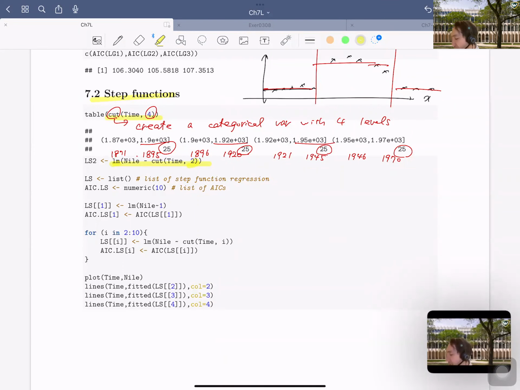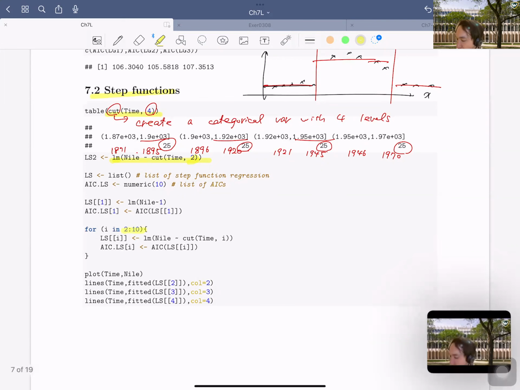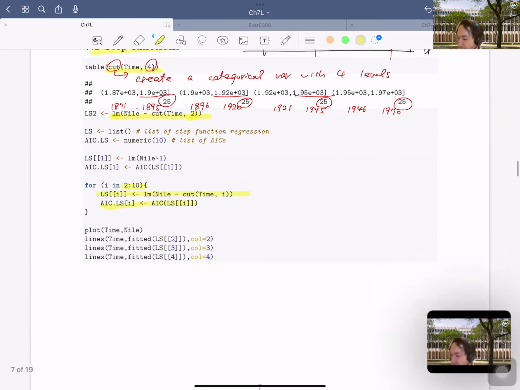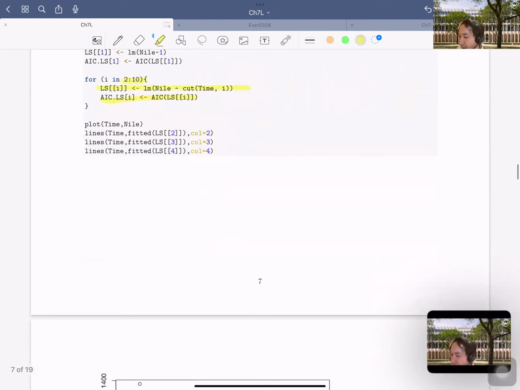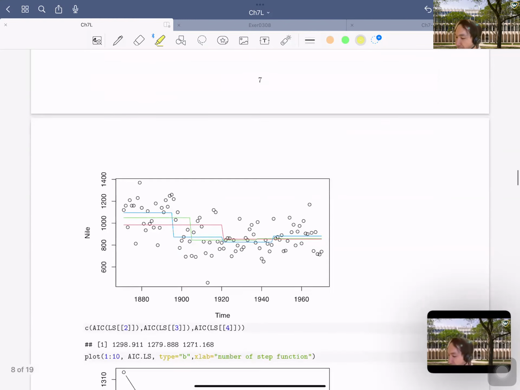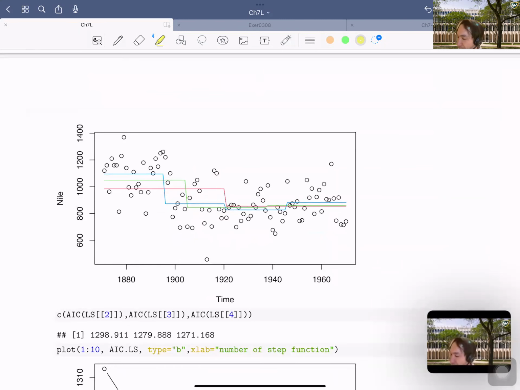The knot points are not optimized, but we just try to fit the regression with different numbers of knots, from 2 to 10. So we do this for i equal to 2 to 10, then we calculate AIC and plot. I also make a plot of the fitted function, and this is the result.